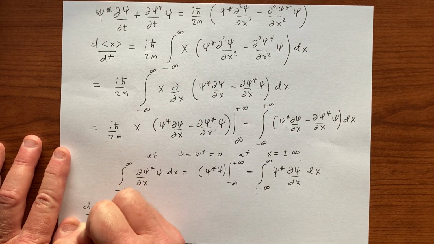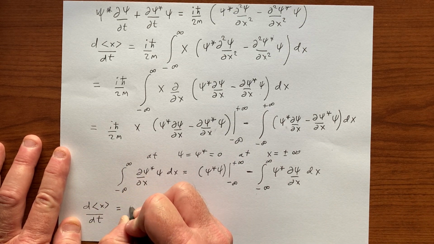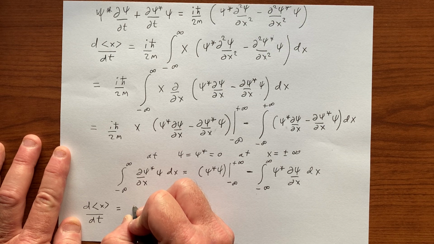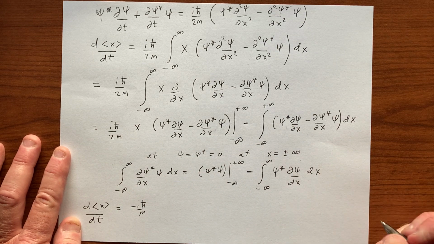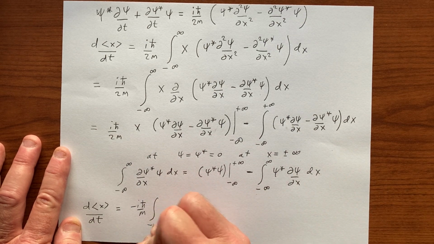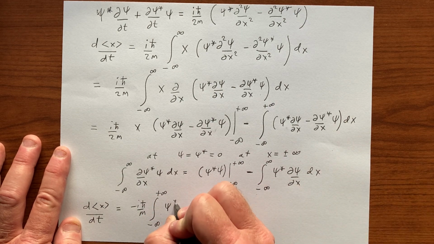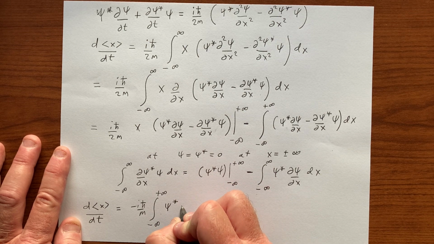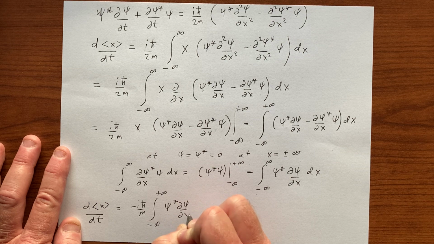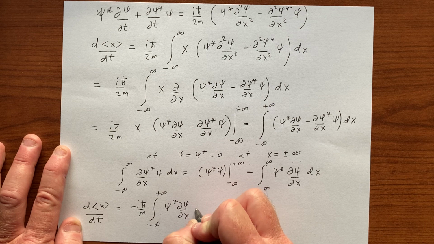And therefore we can say that the time derivative of the expectation value of x is equal to not minus i ħ over 2m, but minus i ħ over m times the integral from minus to plus infinity of psi star d psi by dx dx, twice that term.